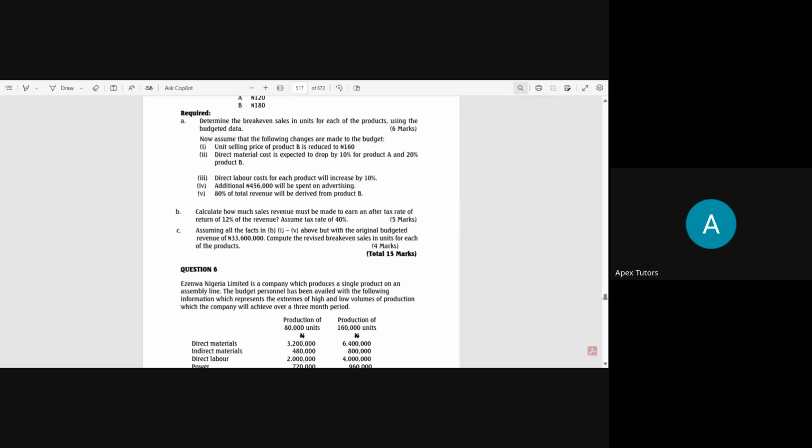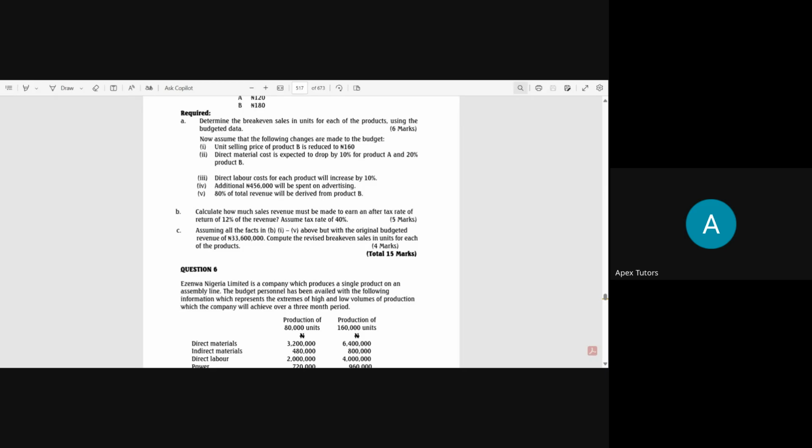Direct material cost is expected to drop by 10% for product A and 20% for product B. Now, the implication is that direct material for product A originally cost 2,240. If it is to be reduced by 10%, 2,240 multiplied by 10% is 224.